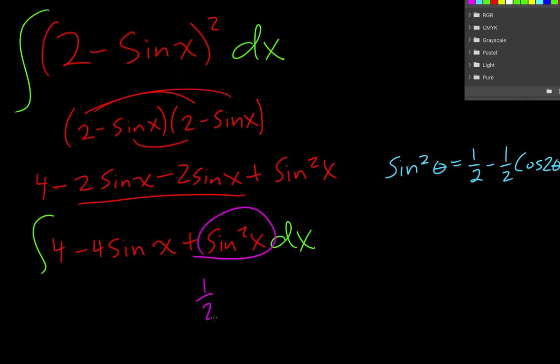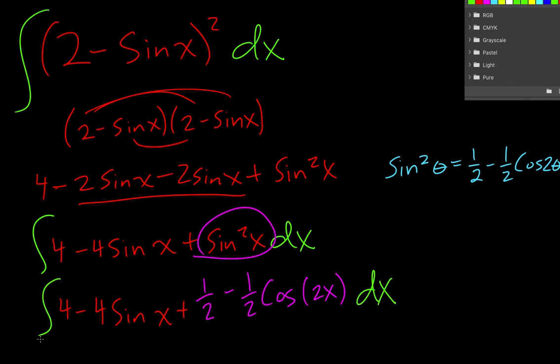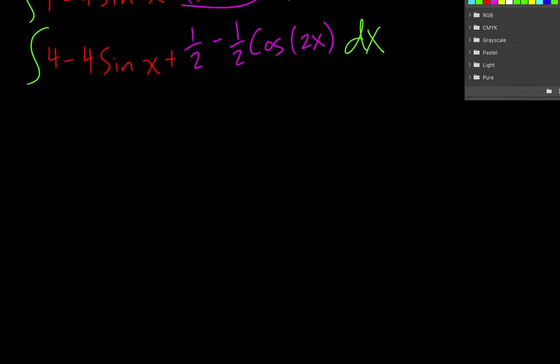So we get 1/2 minus 1/2 cosine of 2x. And then we still have the other pieces. So I'll just write those. And then we still have our dx and our integration sign. Okay, so I'm going to move that down to there. So that was just using a trig identity.